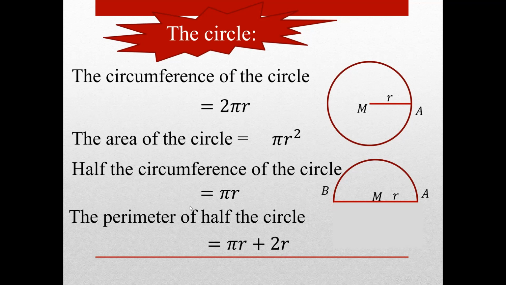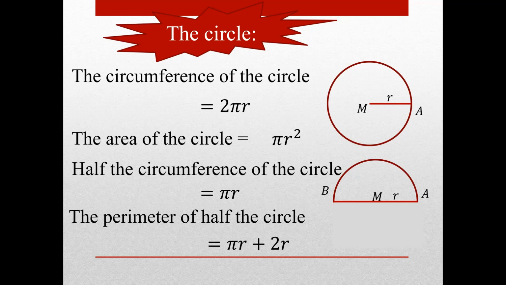Again, the circumference of a circle equals 2 pi r or pi times d, because the diameter is twice the radius. The area of the circle is pi r squared. And the half circumference of the circle equals pi r, because half the circumference equals 2 pi r divided by 2. 2 cancels with 2, so the answer will be pi r.